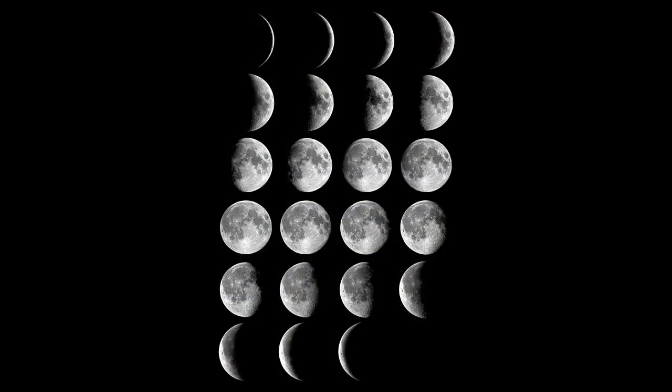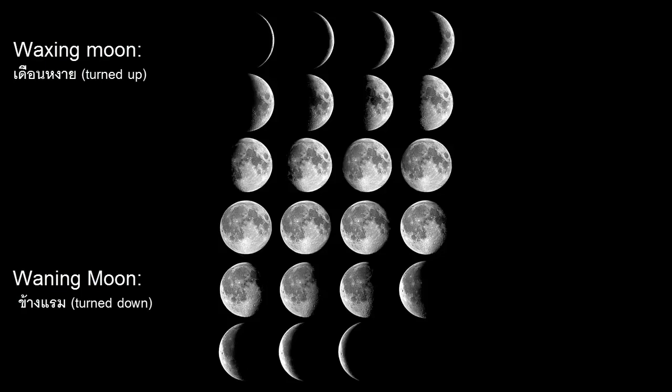So this illustration of the phases of the moon shows us the waxing moon from the top left, gradually getting lighter and lighter until the full moon in the middle, and then the waning moon as the shadow creeps across again. And of course, depending on where you are viewing this from will depend which side the shadow appears to be on.